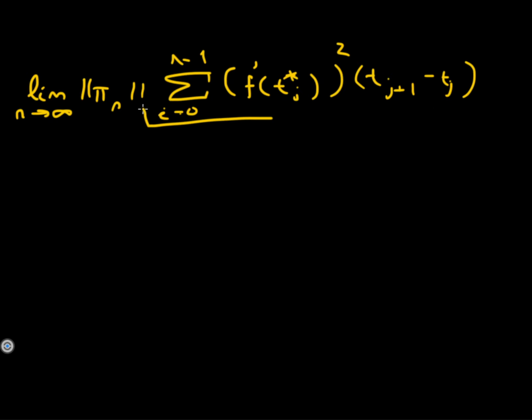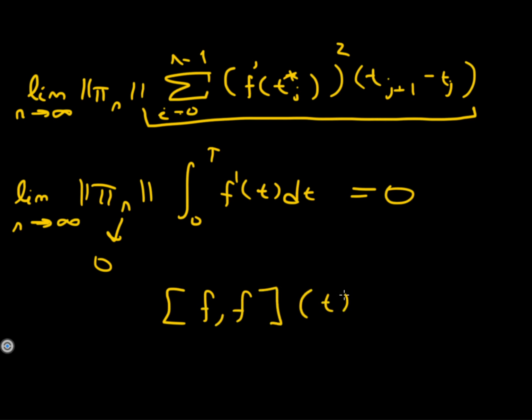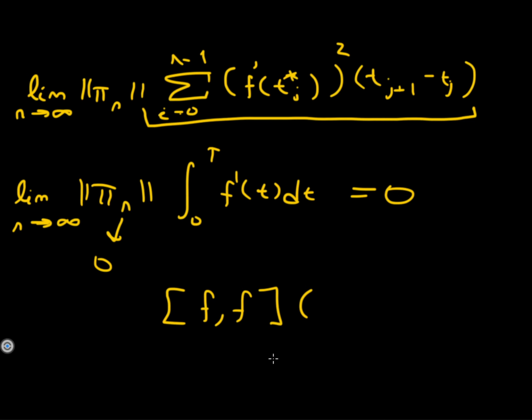We can express this section as an integral, similarly to how we did it in the first variation, and again we attain a simple Lebesgue integral. However, we don't really need to compute this because, as pi n tends to 0, this will give us 0. So in fact, this thing is 0. So the quadratic variation of a normal function is going to give us 0.